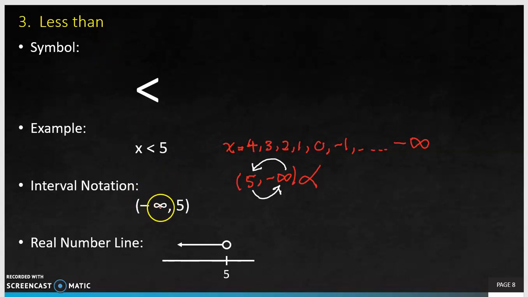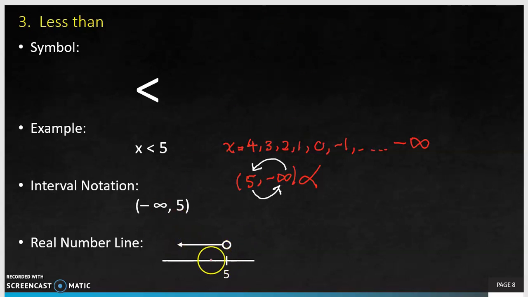So from negative infinity, again negative infinity cannot be included, until positive 5. In this question, 5 is not included. That's why we are using round bracket. For real number line, a circle for not included. So here is the value of 5. Because the value is getting smaller and smaller, the arrow will point to the left hand side.